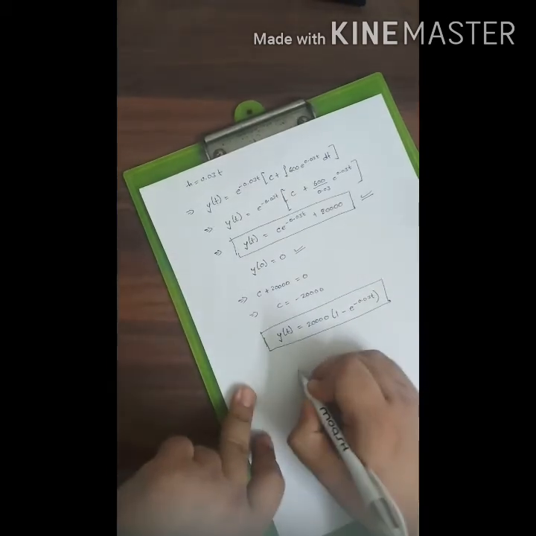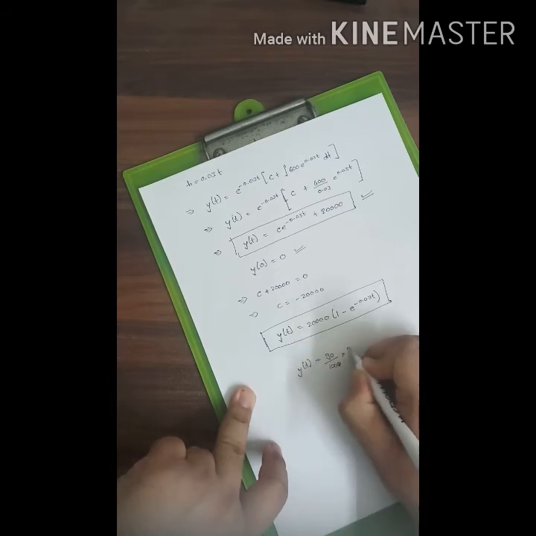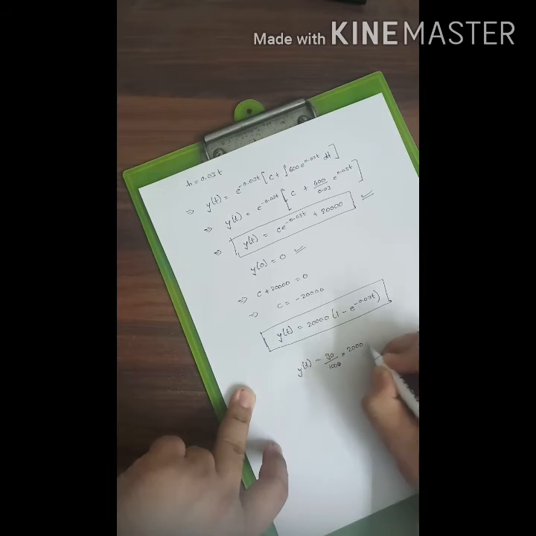This implies that y(t) is supposed to be 90% of the total amount of air present in the room at any moment.